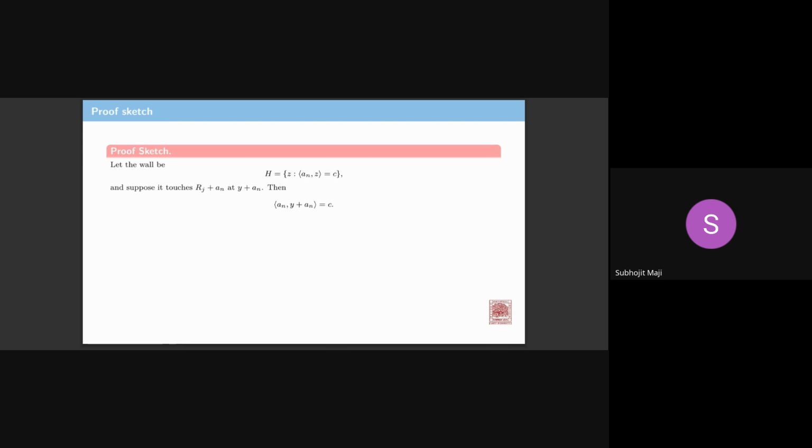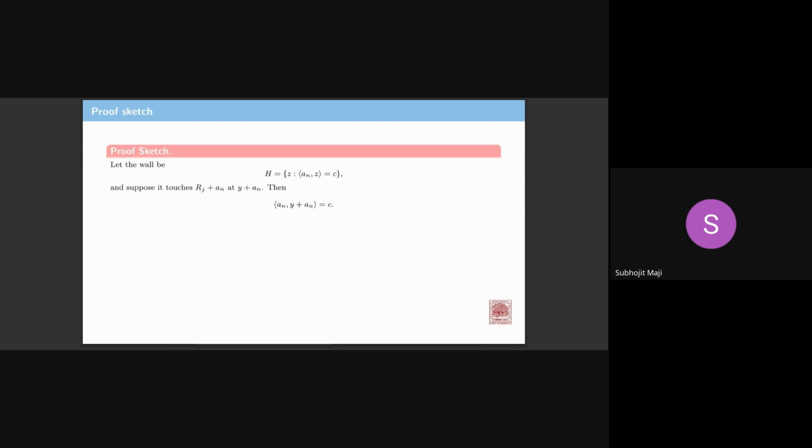A very interesting thing would be to show that the plane that you created, that is H, is perpendicular to AN. To show that would require a bit of exercise.